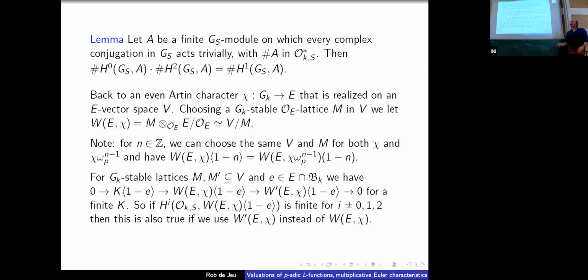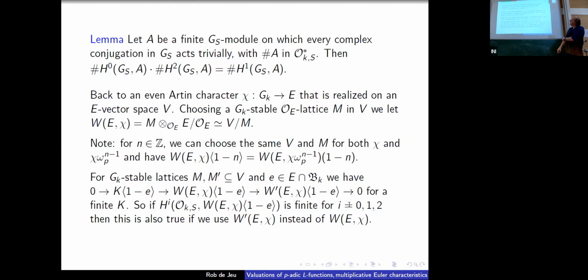And so that means that if I actually do what I sketched before, I take a representation realizing my character, I choose some sublattice, and I take a different one and compare, I get basically a finite quotient. And then if I look at the Euler characteristic of my finite quotients, that will be 1. So that means the Euler characteristic I define on these lattices will be independent of the chosen lattice.